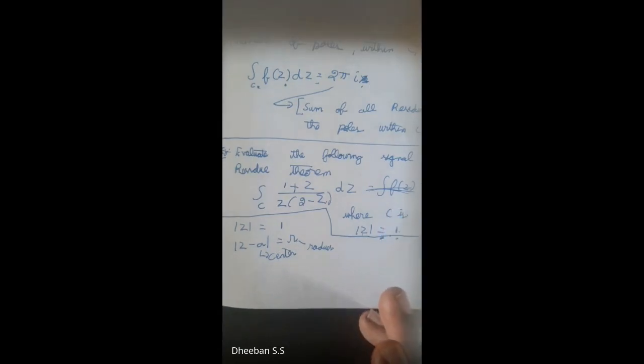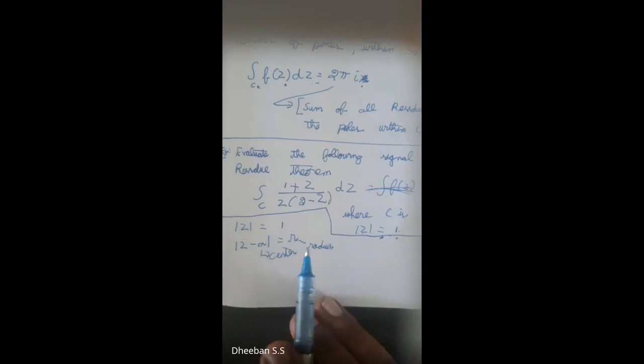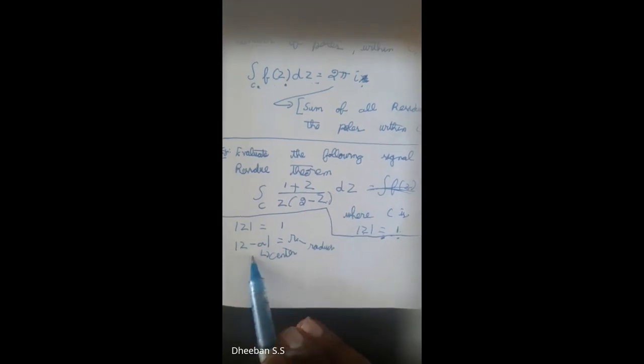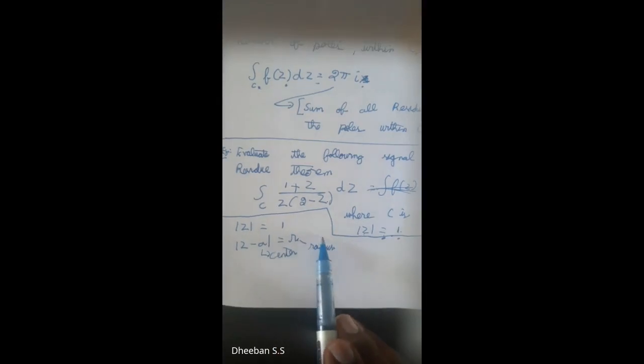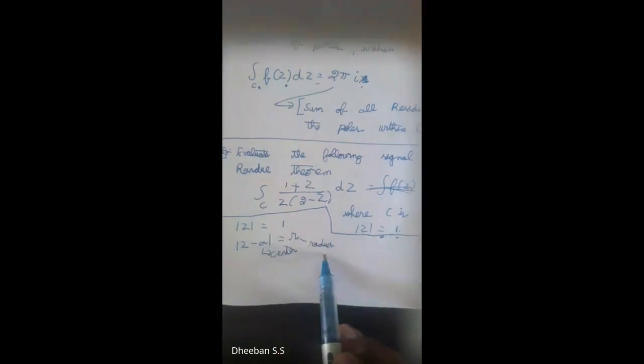So you have to know about the closed curve. The closed curve they have given is modulus of z equal to 1. Generally, a circle or closed curve is written like this: modulus of z minus a will be equal to r, where r is your radius and a is your center.